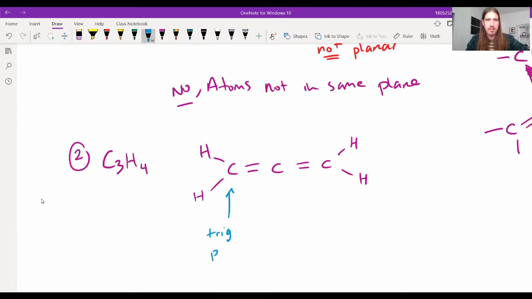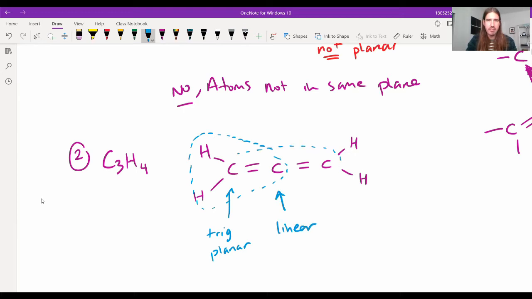We have 3 bonded atoms, no lone pairs. And so again, this means that all 4 of these atoms are in the same plane, right? If you have a trigonal planar geometry, they're all in the same plane. And then we have linear in the center, which again is in the same plane.